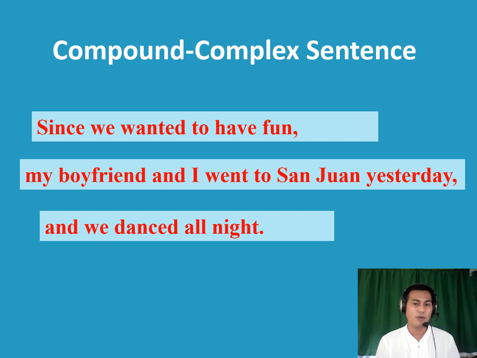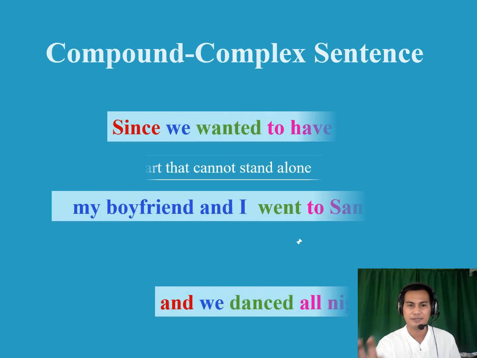Here: Since we wanted to have fun, my boyfriend and I went to San Juan yesterday and we danced all night. What do we need here? We only need to have more than one independent and at least one dependent. Okay, let's analyze that sentence.